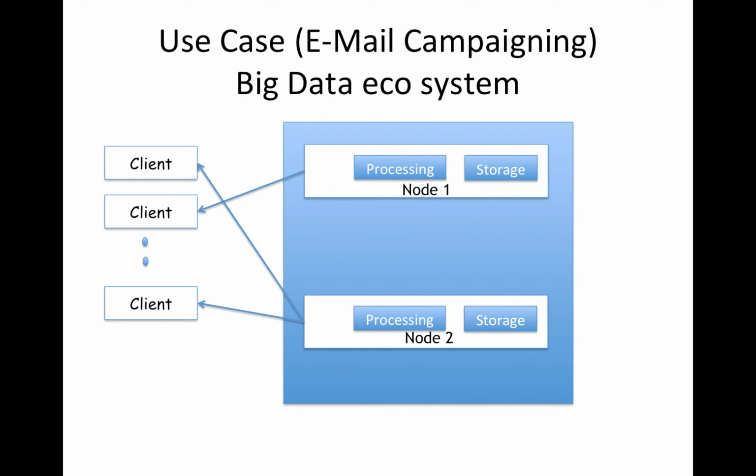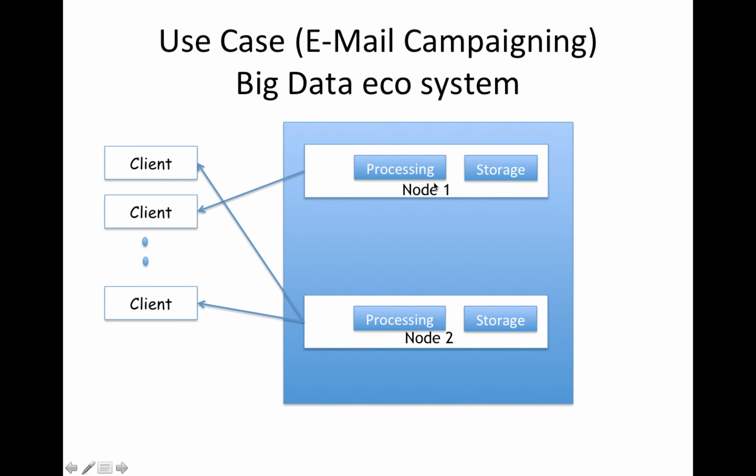So let's take an example of 2 million email recipients, and let's say you have two nodes. Node 1 has 1 million recipients and node 2 has 1 million recipients, and the processing is co-located with them, and the processing will handle those 1 million recipients, and then it will push the email to the desired clients. So the processing could be application logic or mail server logic.